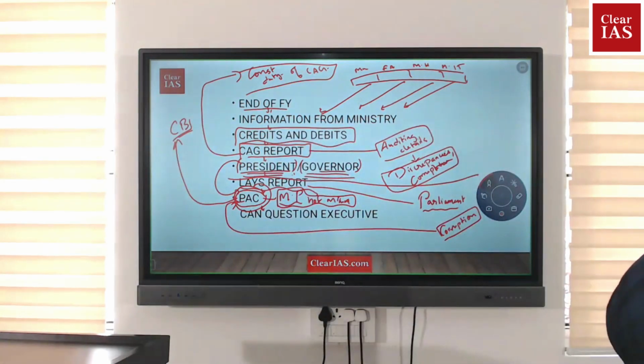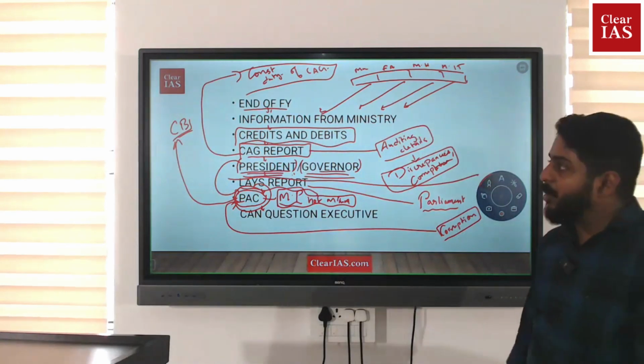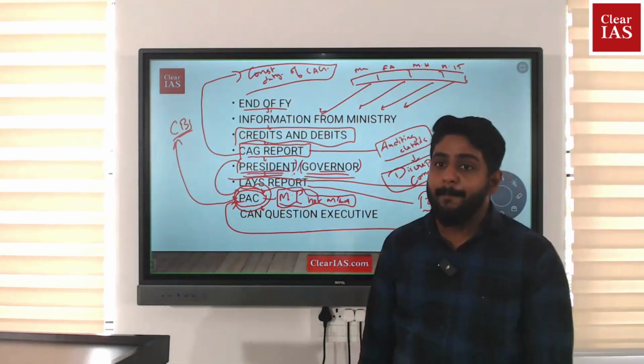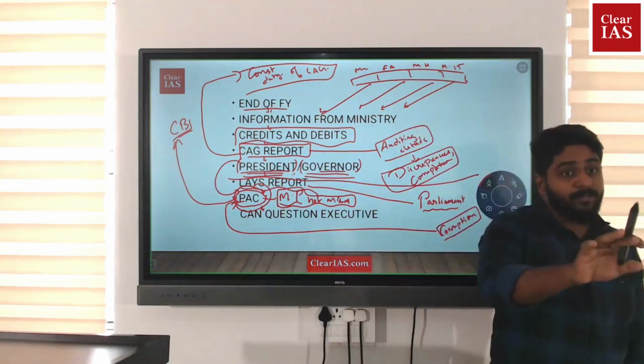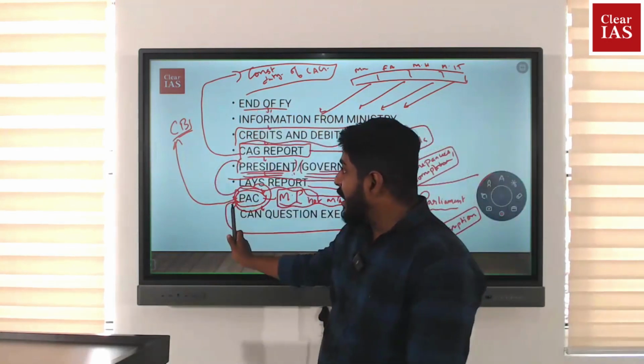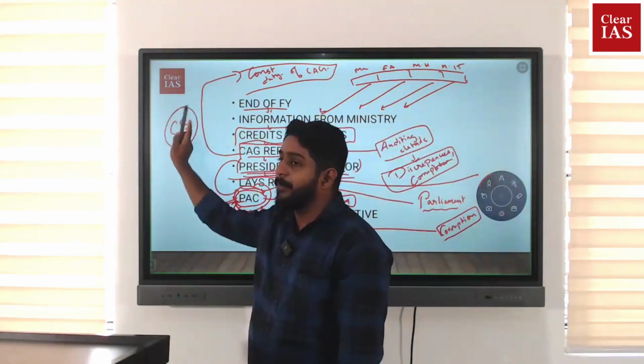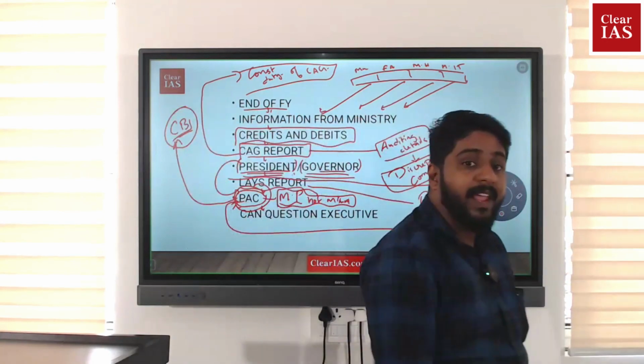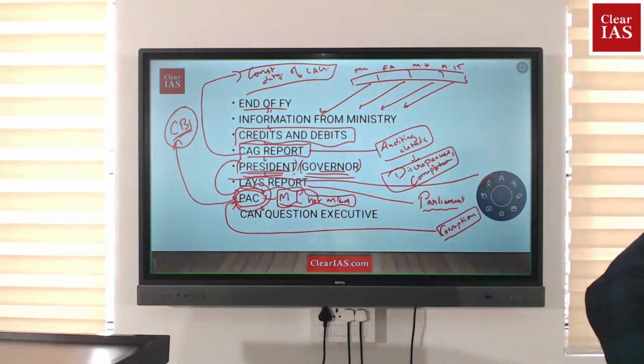Why? Because there is a scam. You might have heard about the 2G spectrum case. That is one of the cases in which the Public Accounts Committee found some discrepancies and referred that particular case to the Central Bureau of Investigation.